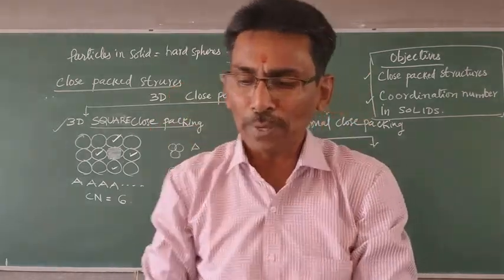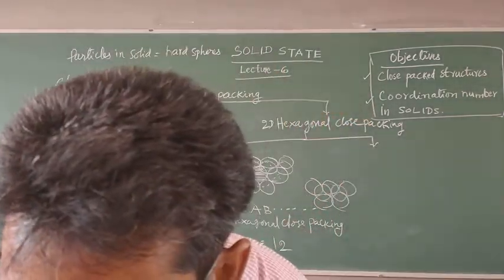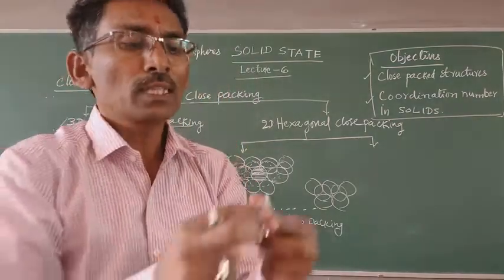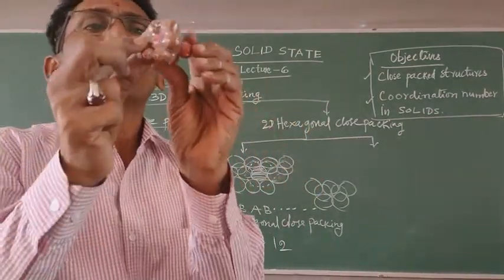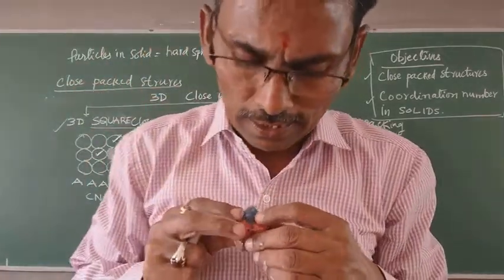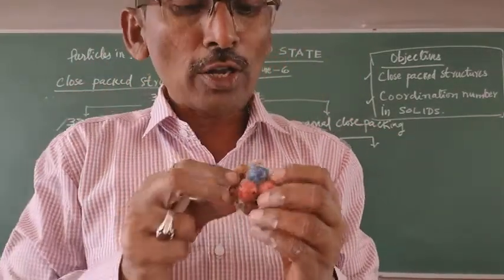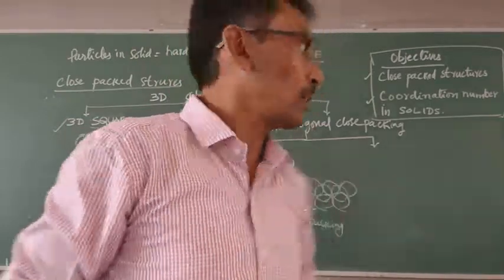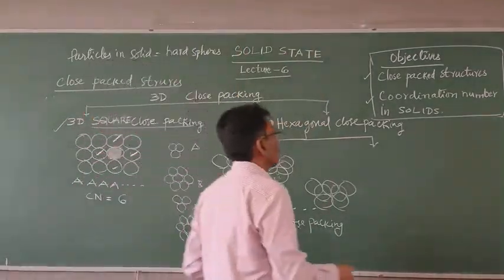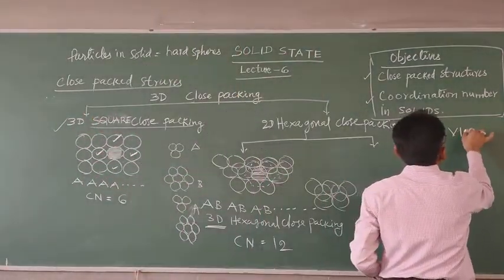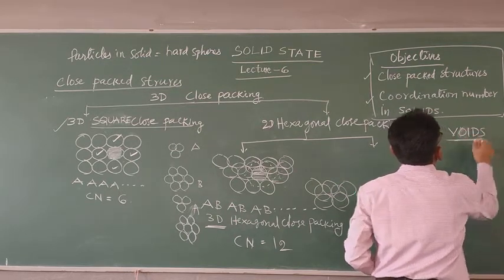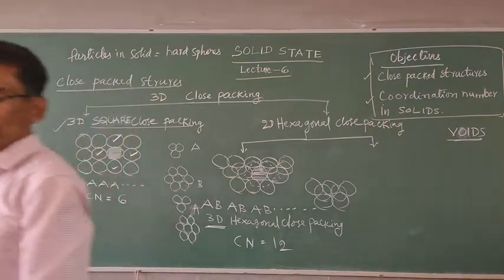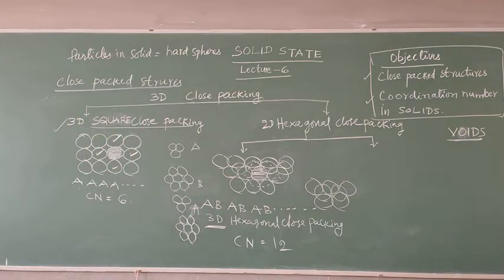If occupied, what happened? This triangular void is occupied by another particle, only one particle. See, this triangular void is occupied by this particle, and that void becomes the next topic, voids. Voids is our next topic, which will be discussed after one more structure.